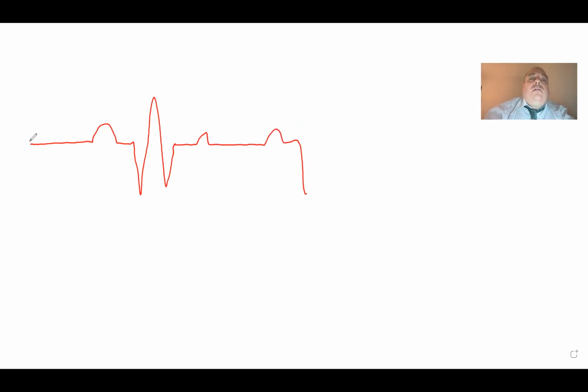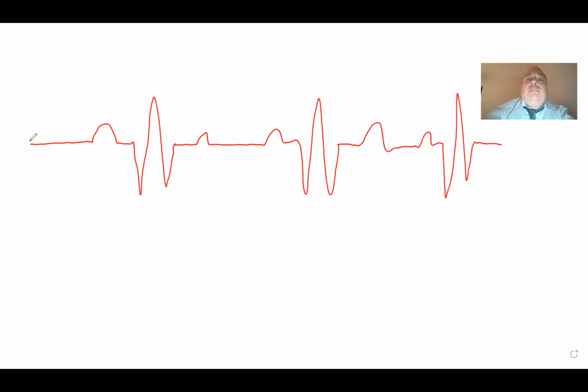Let's draw things and label things. We've got a P, QRS, T, P, QRS, T, P, QRS, T, and so on.